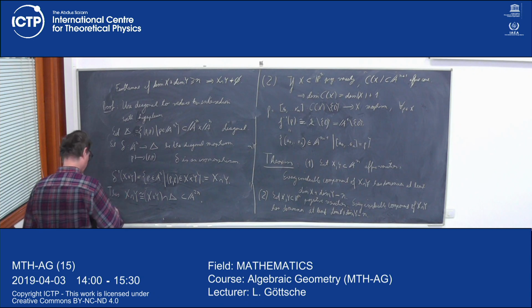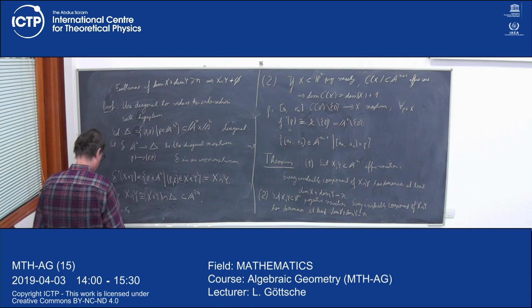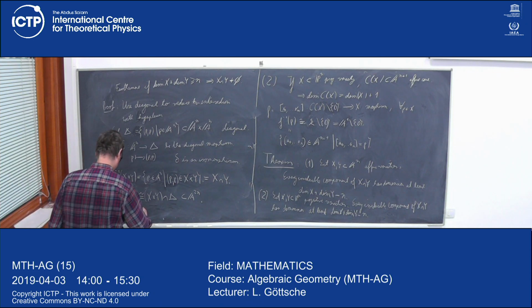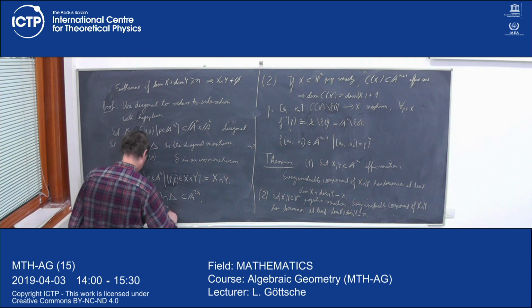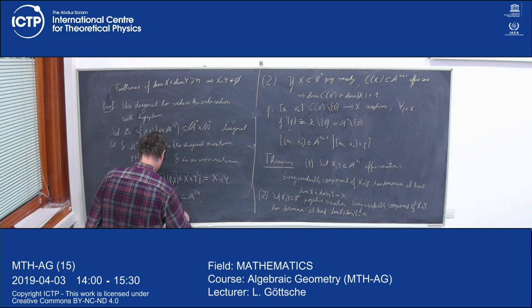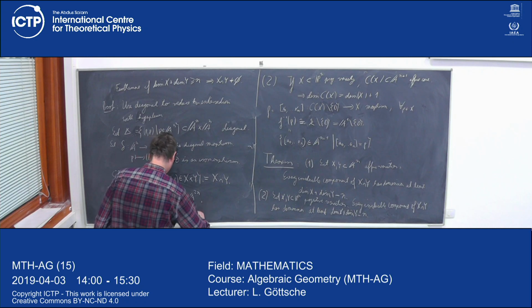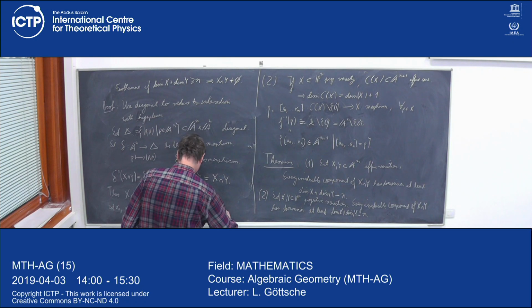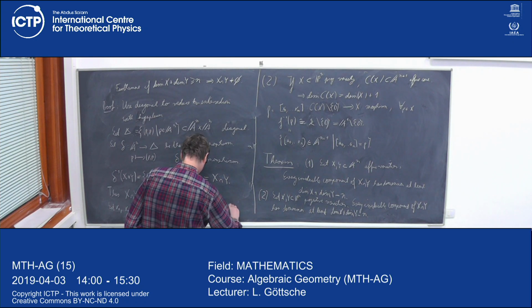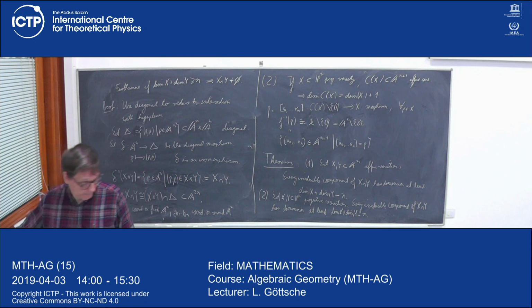So let x1 to xn be the coordinates on the first vector space A^n, and y1 to yn the coordinates on the second vector space, in A^n times A^n.